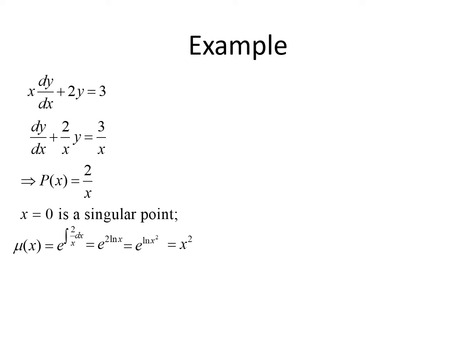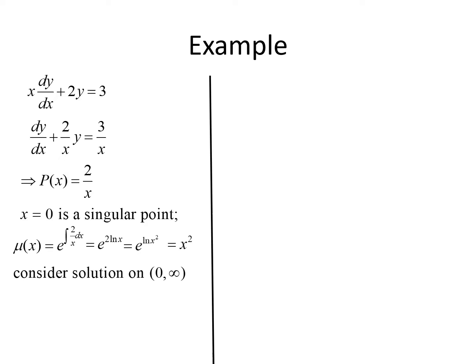We multiply the standard form of our equation by that integrating factor. So we get x squared times dy dx plus x squared times 2 over x y equals x squared times 3 over x. And now we want to simplify. Remember, the left-hand side on these problems will always simplify to be the derivative of your integrating factor times your dependent variable.